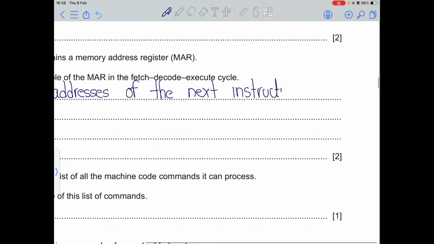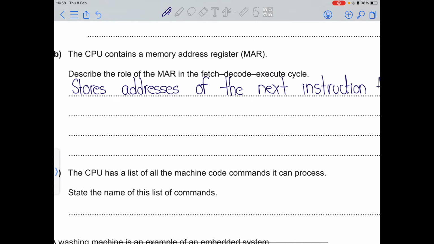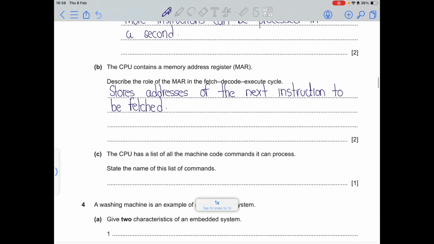It stores the address of the next instruction to be fetched. Basically, you have to fetch an instruction from your memory, and the MAR holds the address of that.